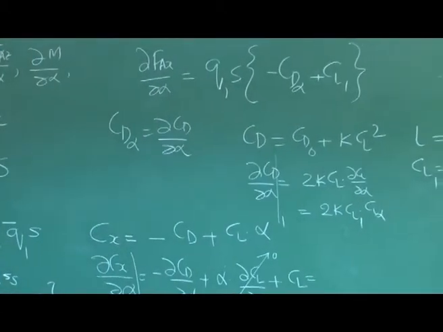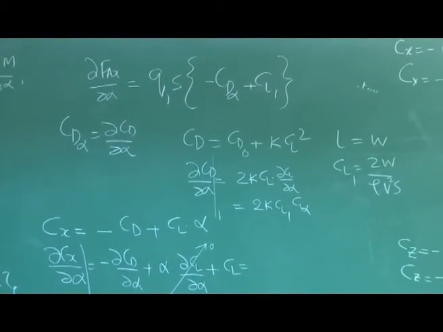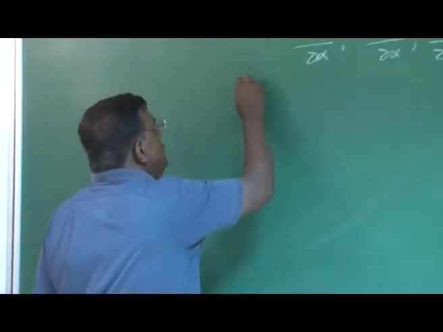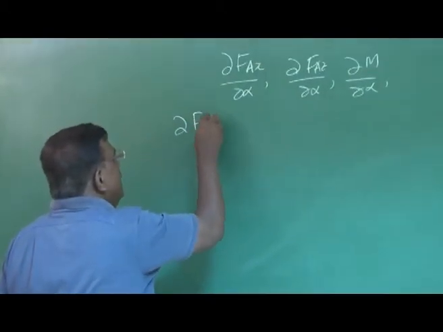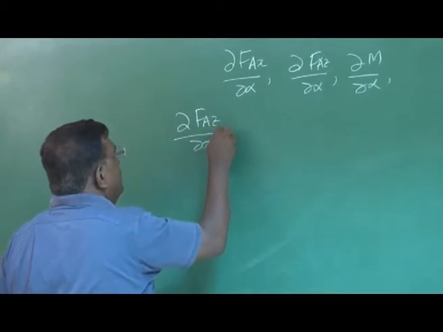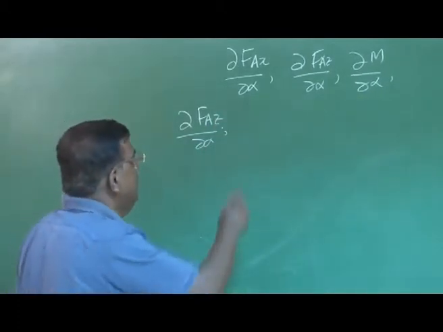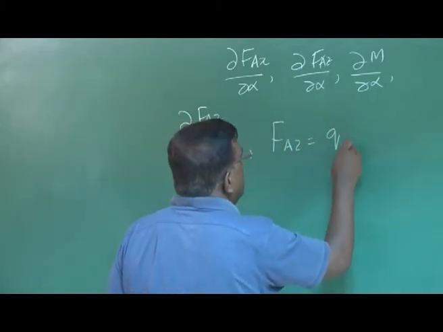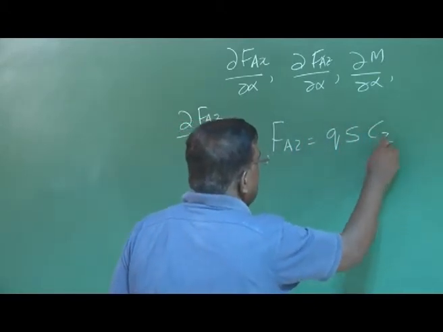Right? So simple to understand this. So once I know dFx by d alpha, we will now try to find out dFaz by d alpha. Again, mechanically you can follow Faz equal to q S Cz.